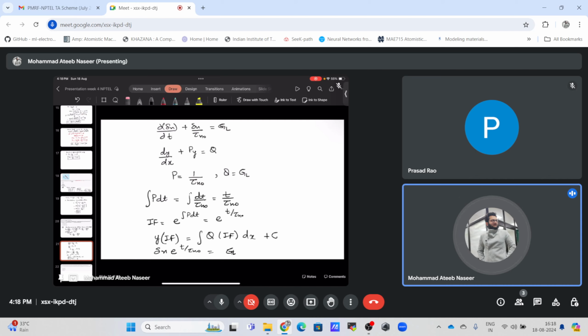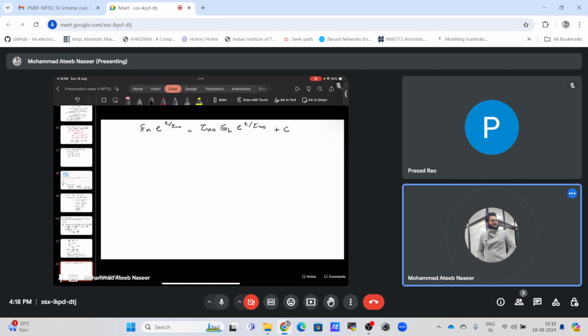So it is simply delta n exponential of t by tau n naught equals tau n naught GL exponential of t by tau n naught plus c.